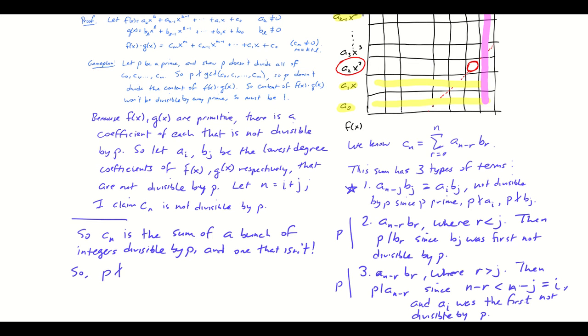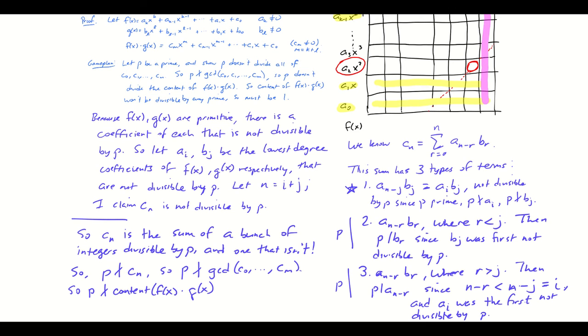So p does not divide c sub n, so p does not divide the GCD of all of the c's. And I think the last of those was c sub m. There we go. Therefore, p does not divide the content of f of x times g of x.